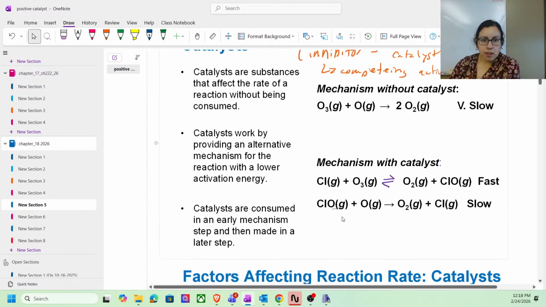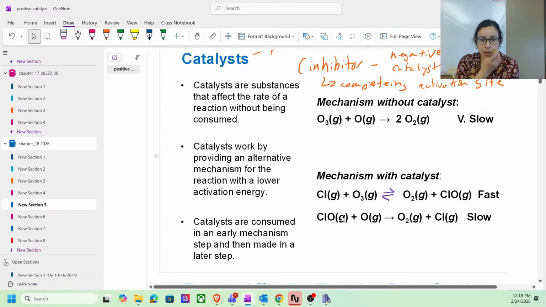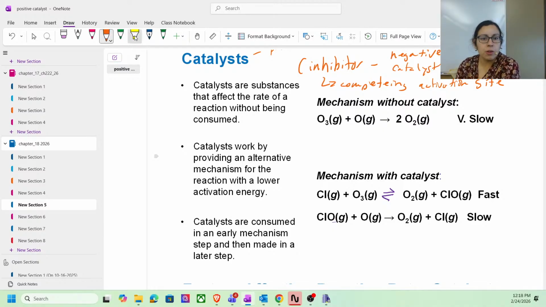And so then catalysts, this is obviously a very big and broad topic. Like we mentioned, usually when we say catalyst, we're talking about a positive catalyst that is going to affect the rate without being consumed. So this also means that it can have a lower loading, meaning that we don't need 100% of a catalyst, a 1-to-1 ratio.